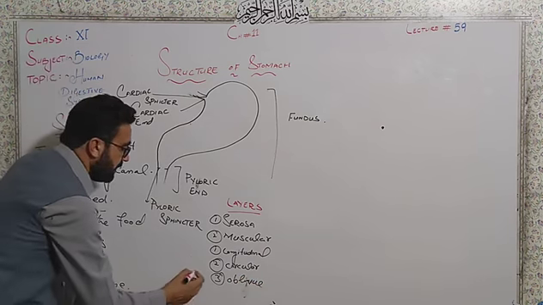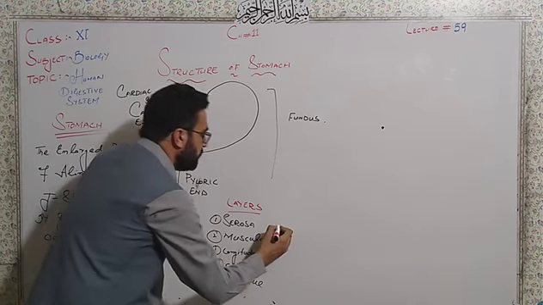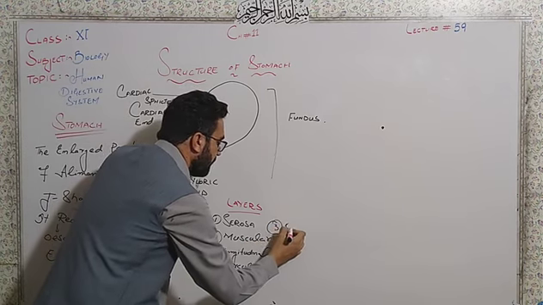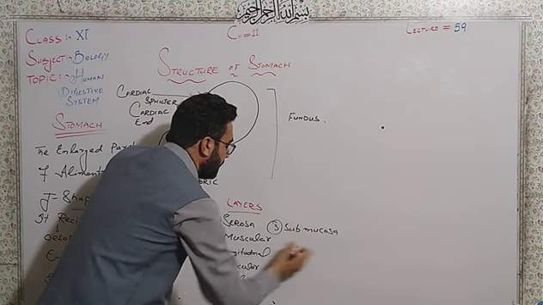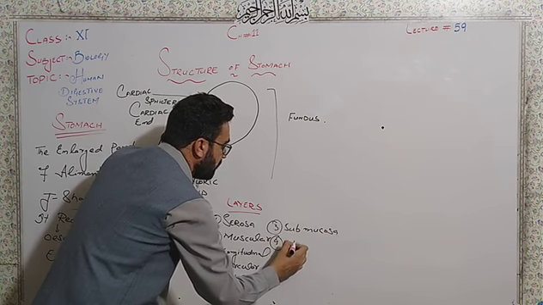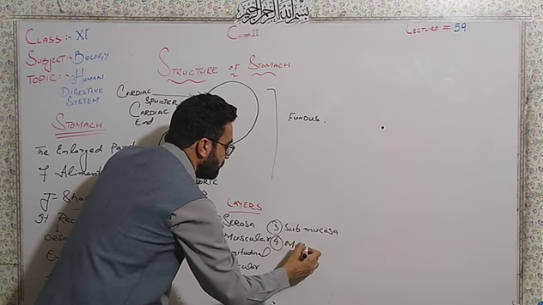The third layer is called submucosa. And the final one is called mucosa. So it has a 4-layer wall composition.